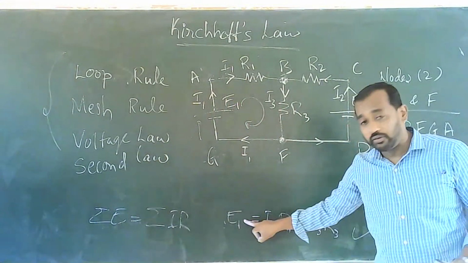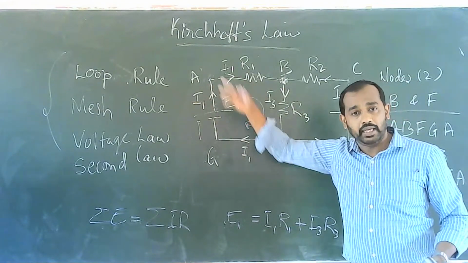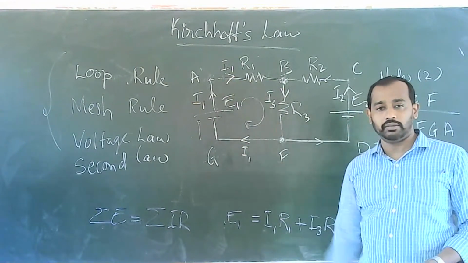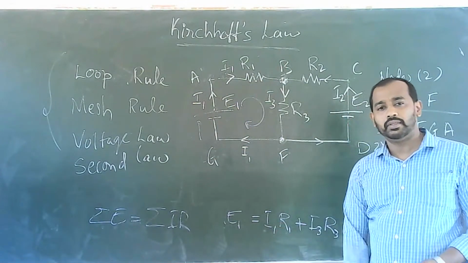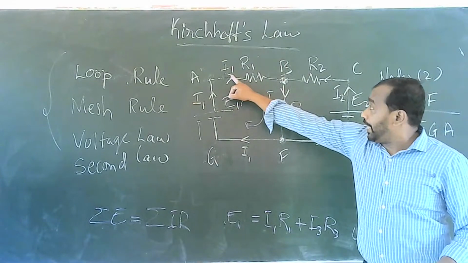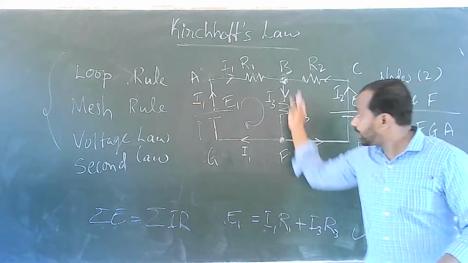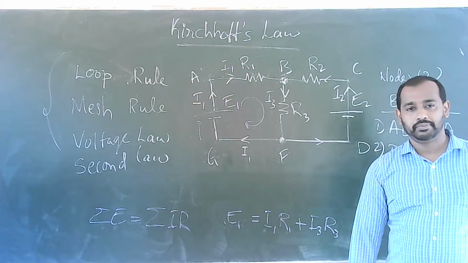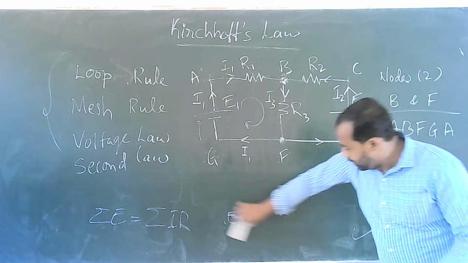Now, if you are moving from negative to positive of the cell, then E1 is treated as positive. If you are moving in the other direction, negative. In the direction of the current, the IR drop is treated as positive. In the direction opposite to that of the current, it is treated as negative. I hope it is clear.